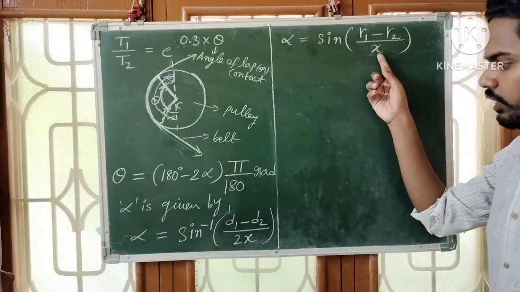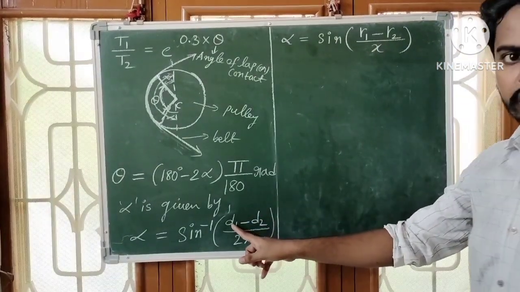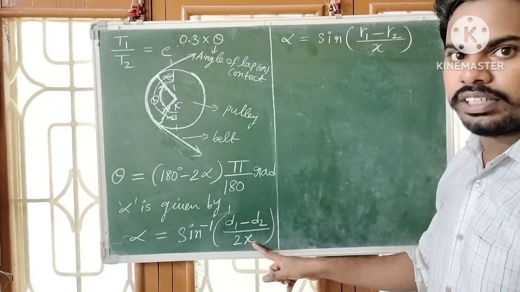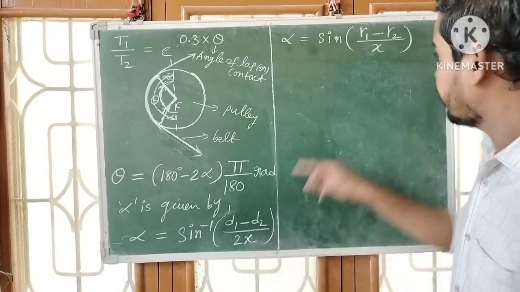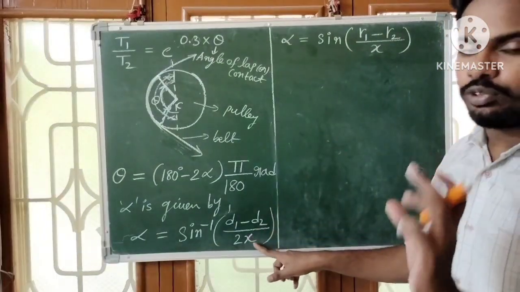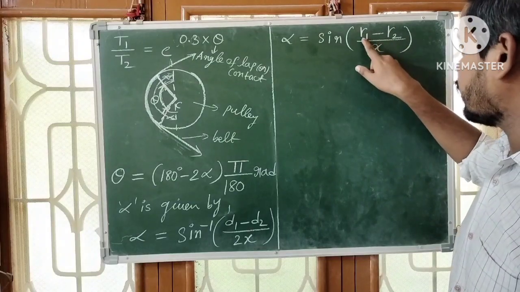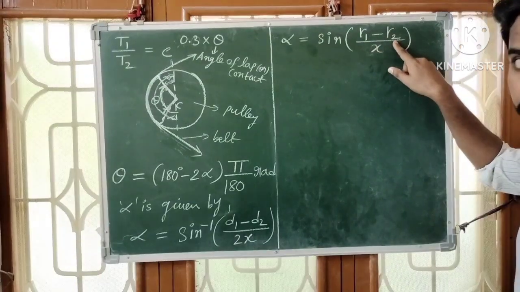Here what is x, what is d1? D1 is the diameter of the larger pulley, D2 the diameter of the smaller pulley. What is x? The distance between the centers of the two pulleys. And here R1 is the radius of the larger pulley, and R2 is the radius of the smaller pulley.